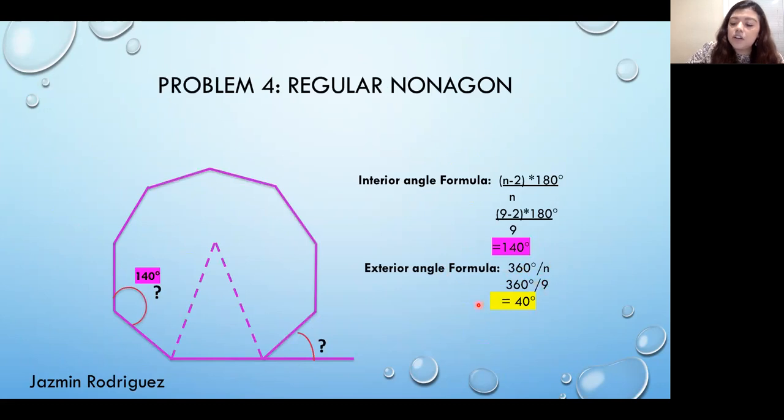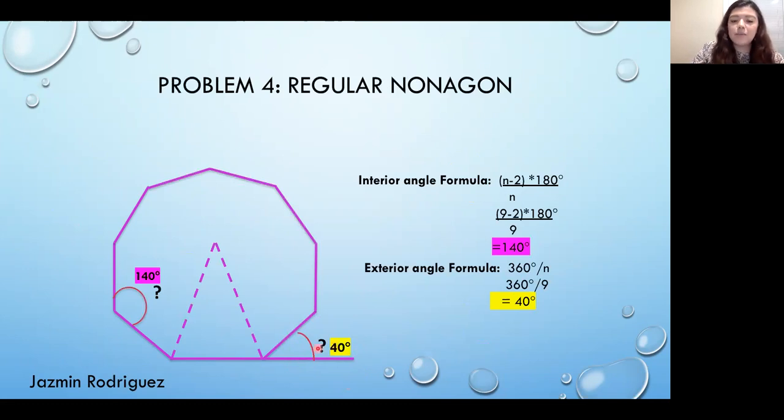So that means that our exterior angle is 40 degrees. Also, did you know that interior angles and exterior angles are supplementary angles? Therefore, we could have actually done 180 degrees minus 140 degrees, and that would have also given us our exterior angle measure of 40 degrees.